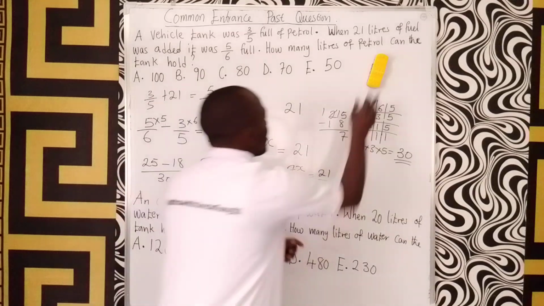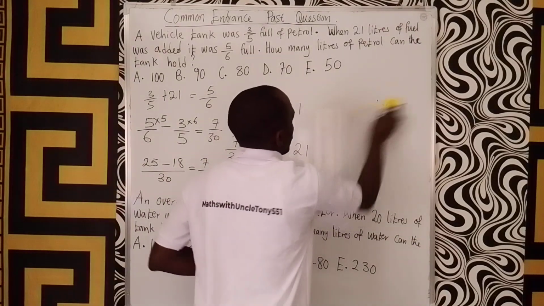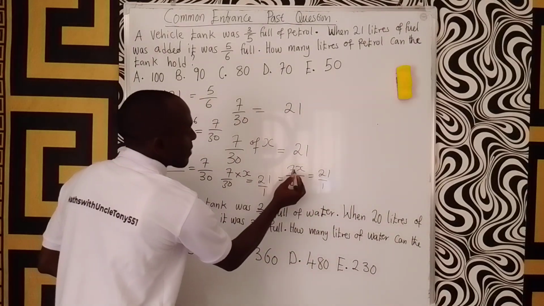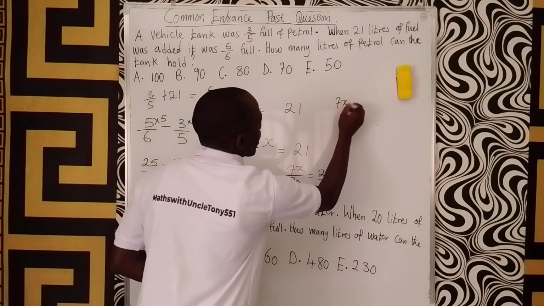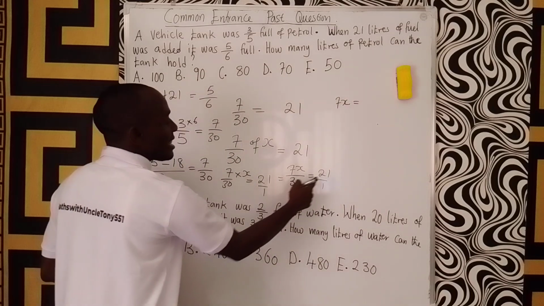When you cross multiply, 7x multiplied by 1 gives us 7x is equal to 30 times 21.